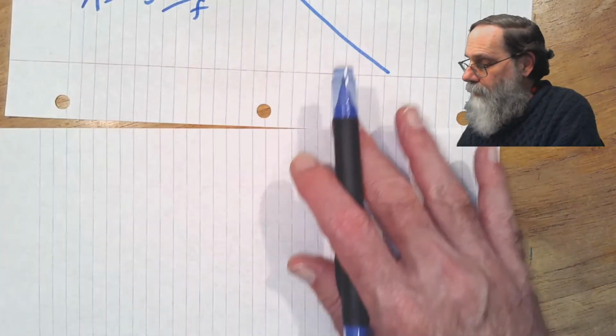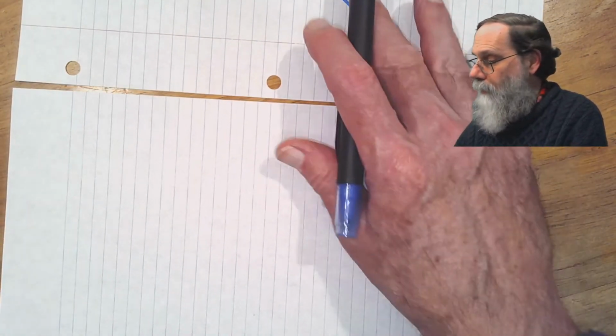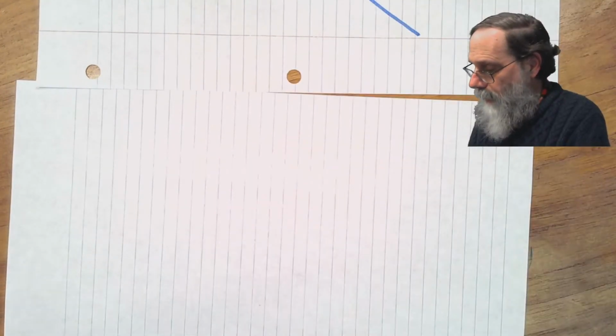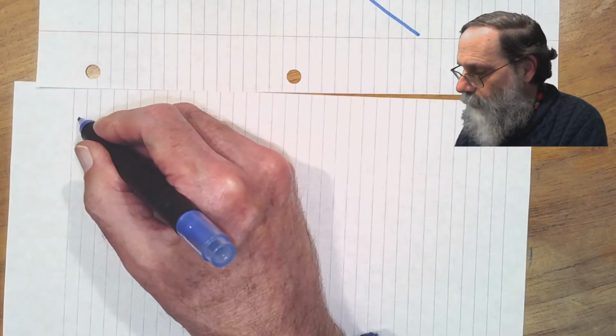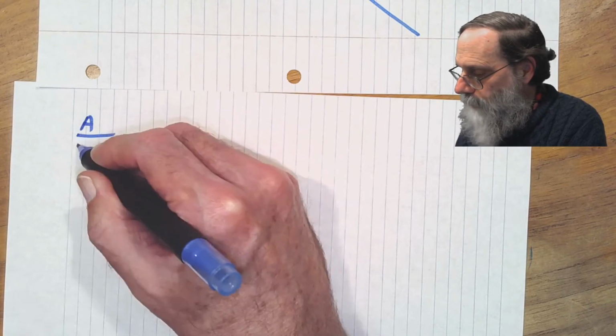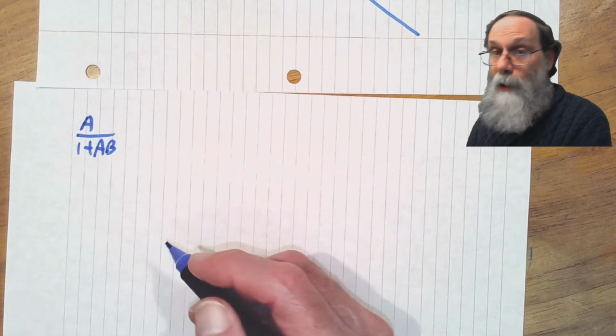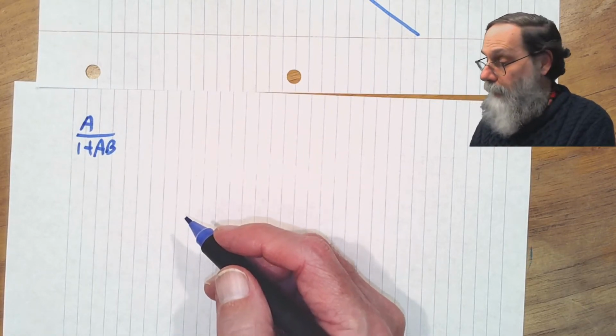All right, so let's do the plugging in. I'm going to write stuff down again. So what I want to look at is A over 1 plus AB. That was the closed loop gain for the non-inverting amplifier.